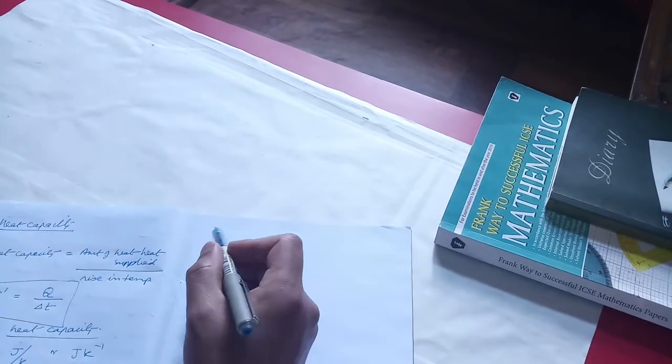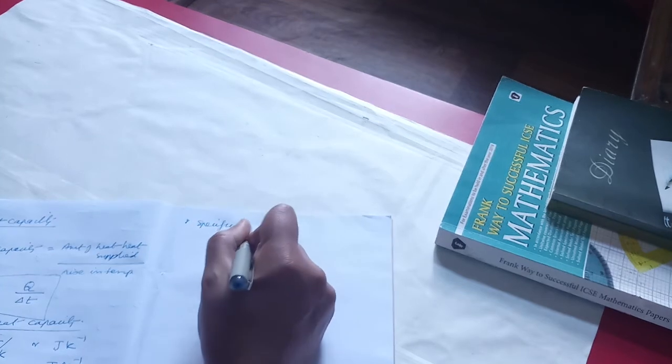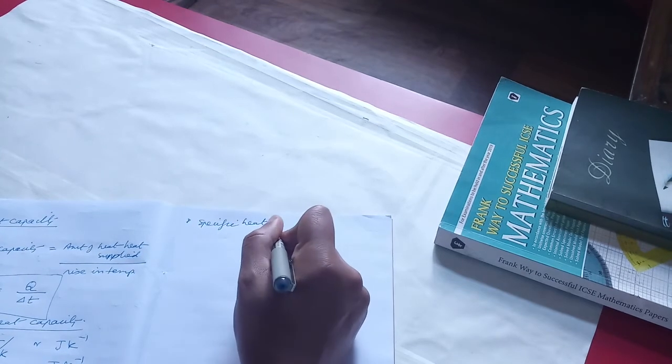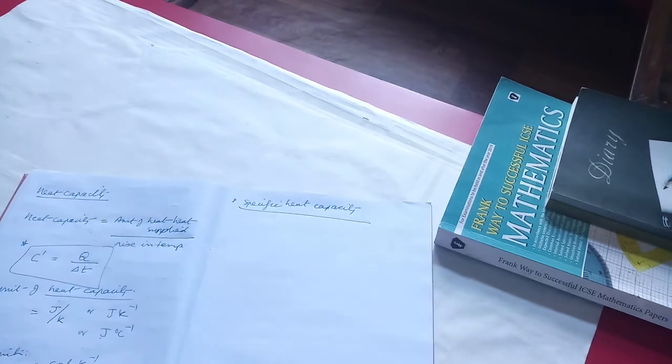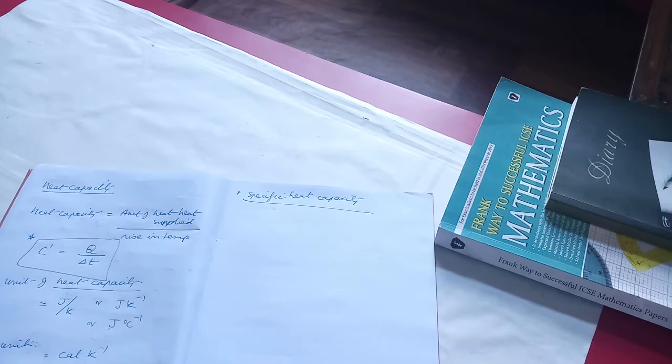Now we will take another topic, that is specific heat capacity. Here in the specific, one extra term is added, and that will be your mass. The mass of the body will be added. The specific heat capacity of a substance is defined as the heat capacity per unit mass of a body.